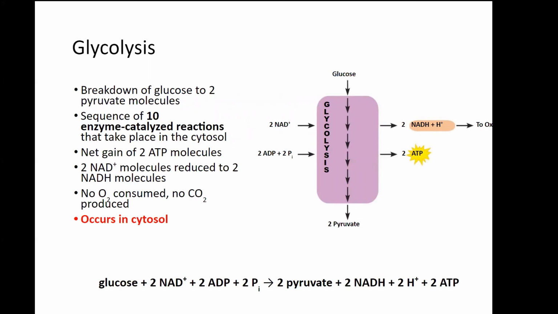So the first step of aerobic respiration is glycolysis. Broadly, things to know about glycolysis are that it doesn't produce that much ATP on its own, only 2 molecules of ATP on net, but it's really important in your cells because it doesn't require oxygen and it happens outside the mitochondria.